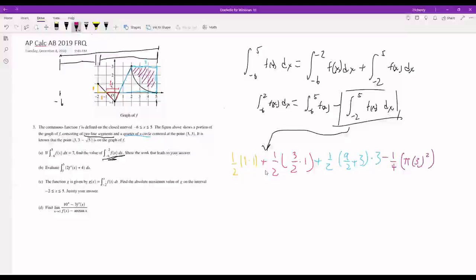So this is this integral, which means we just simplify. We get 1/2 plus 3/4.